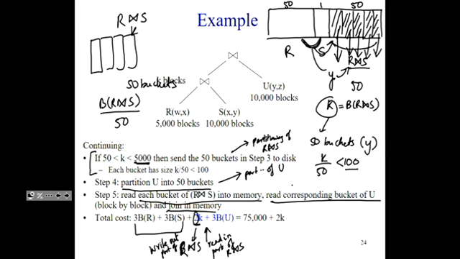Then it's 3 times B of U, because you're reading in U and writing out U for step 4, and then reading in U for step 5.